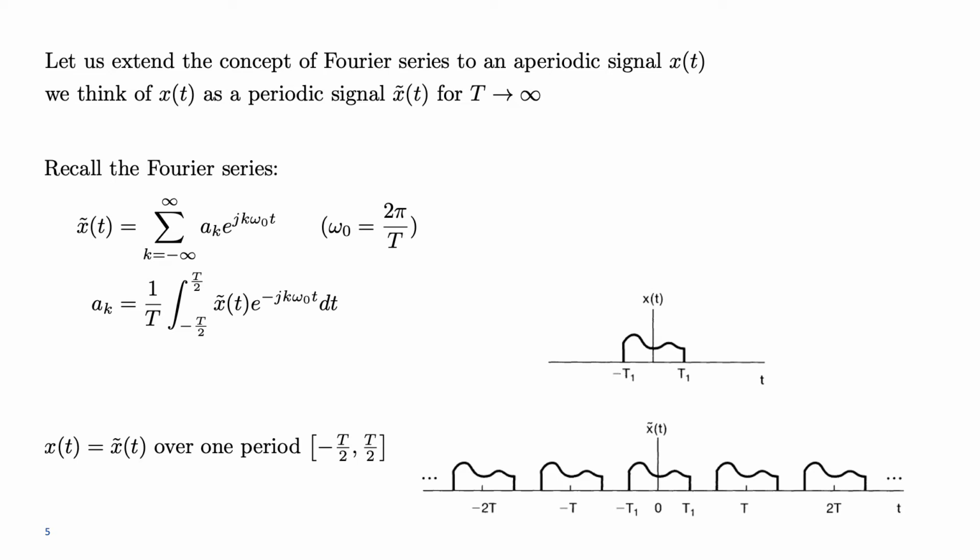Remember that omega 0 is the fundamental frequency. It's defined as 2 pi over t, where t is the fundamental period. What about the coefficients? The ak can be obtained with the formula 1 over t, the integral over one period of x tilde of t, which is the periodic signal, times e to the minus jk omega 0 t dt. Right.